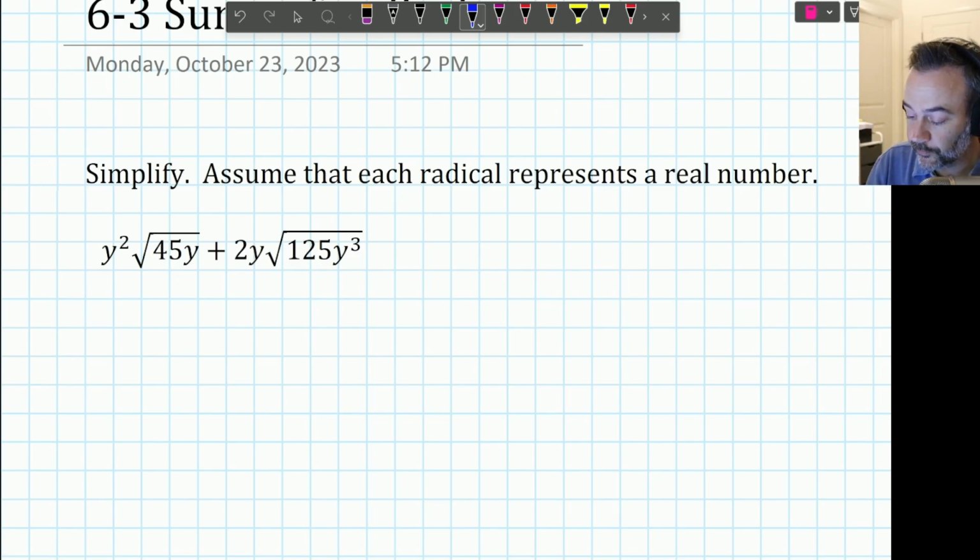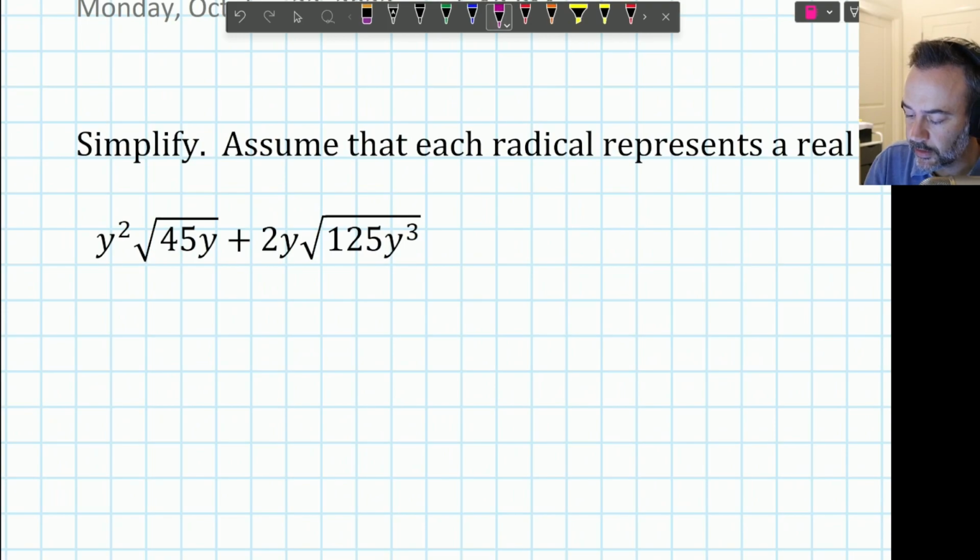Okay, first, a little bit of analysis. Can you see that this is square root of y? So that's square root of y. If that's square root of y, that instantly means that y has to be greater than or equal to 0.